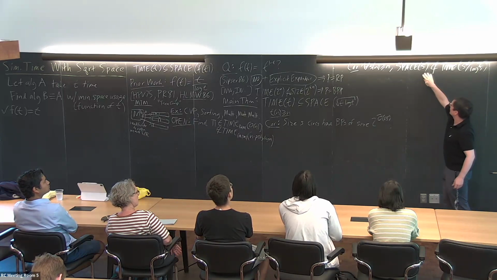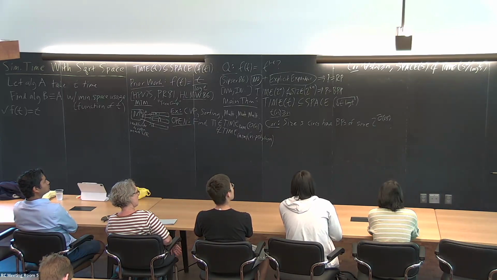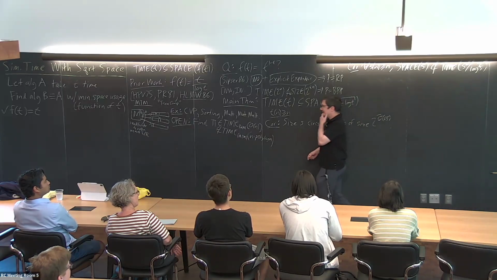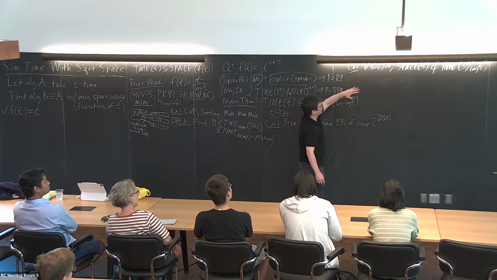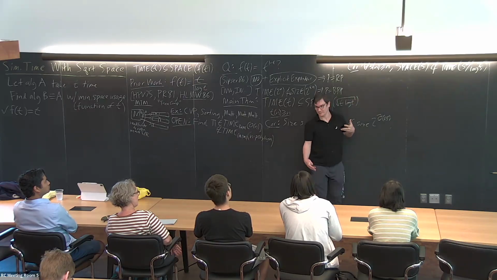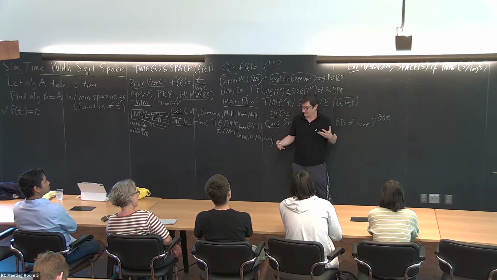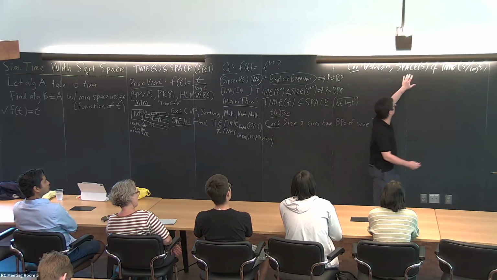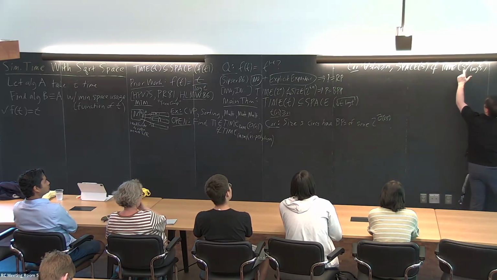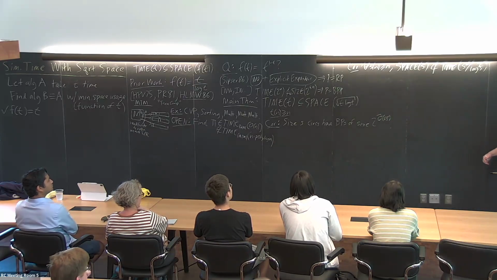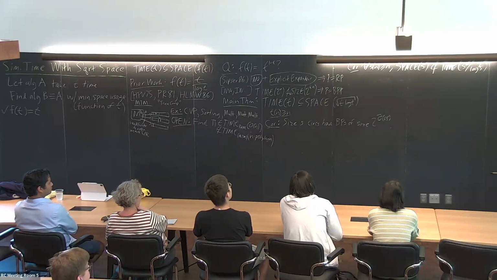So for example, linear space cannot be in significantly subquadratic time. Now, this is something that people widely believed was true. In fact, because we believe P is different from PSPACE, we believe that SPACE[S] is not in TIME[S^k] for every constant k. So we believe that's true.